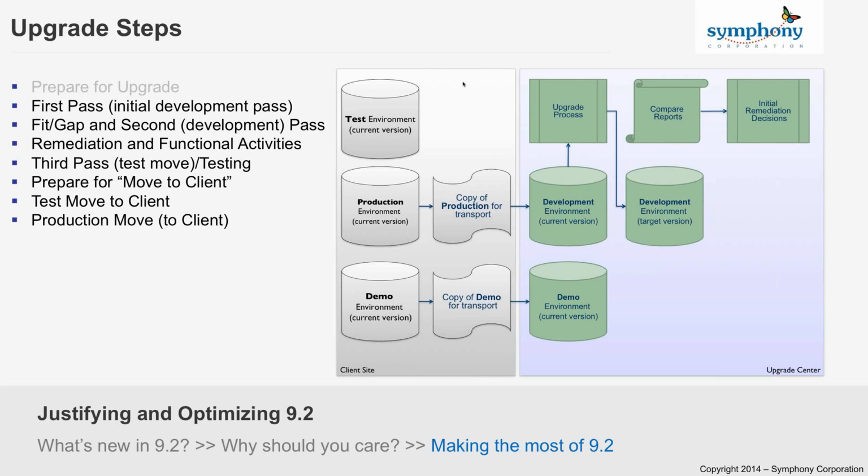First pass of the upgrade, this is not very different from what you may have been used to in the past. It's just that we're running it a little more quickly. We're still producing compare reports. We're still doing the data conversion steps. If you're coming from 9.1 to 9.2, there isn't a lot of structural change in either finance or HCM.